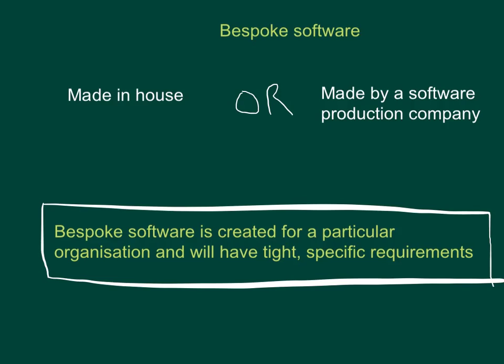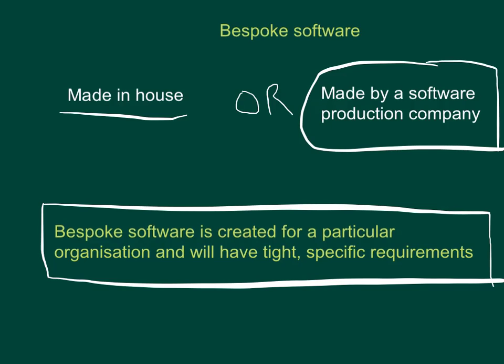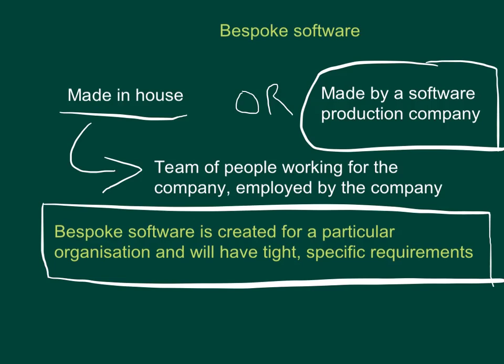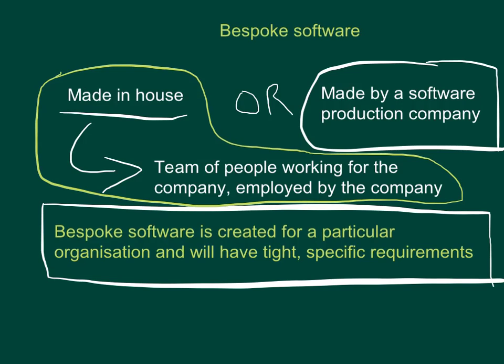Similar to user requirements and success criteria, the organisation will state to an internal developer or to an external software production company, so a company that actually makes software, the exact success criteria and things that they want this software to actually do, and then this company will produce this software to the exact requirements. In terms of made in-house, that means that they will employ people in their company to build the software, so they will employ the people directly to build it.